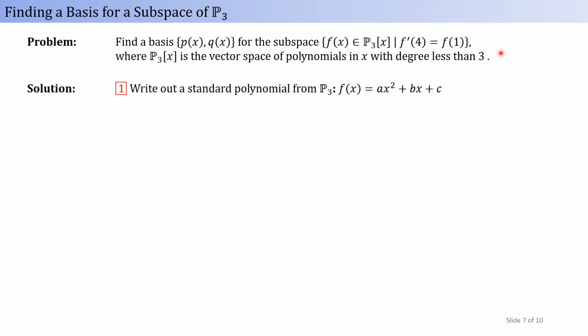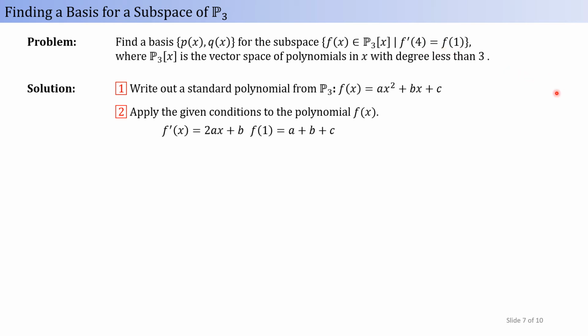Well, the first thing is to write out what the standard polynomial in P3 looks like. As we saw before, that's just a quadratic, so we're going to go ax squared plus bx plus c. Then you have to apply the given conditions. We were told that if we take the derivative and plug in x equals 4, it should equal the polynomial at x equals 1.